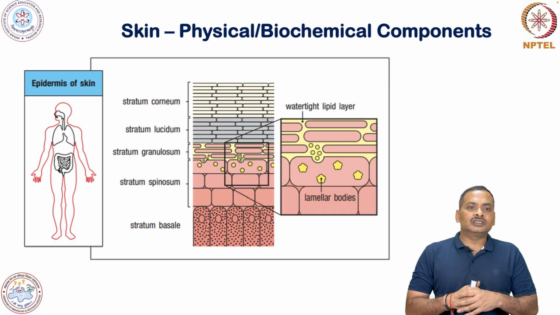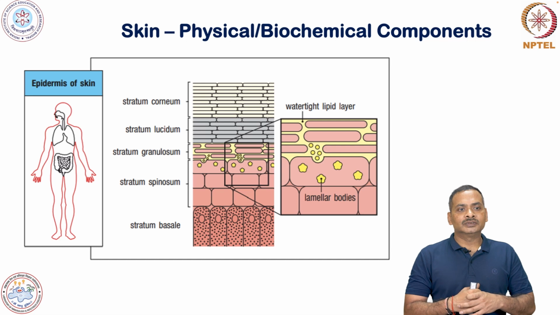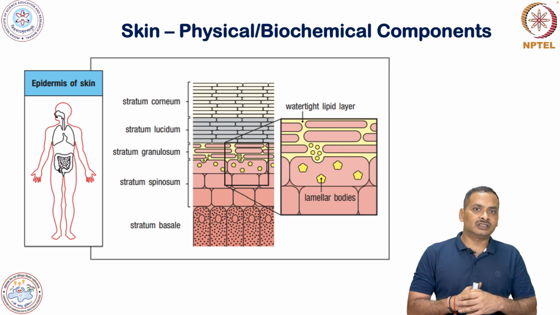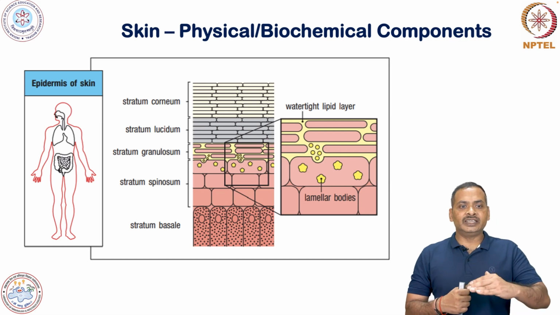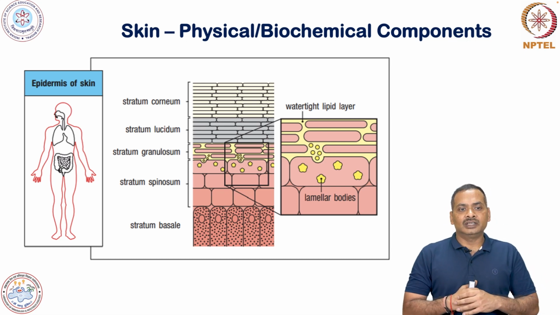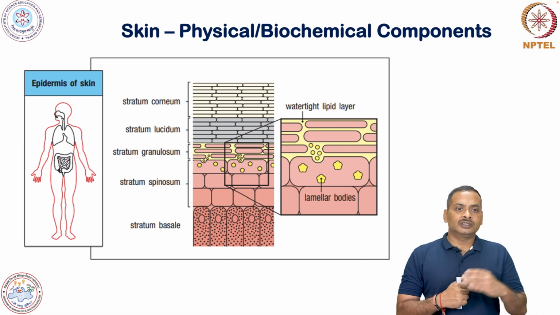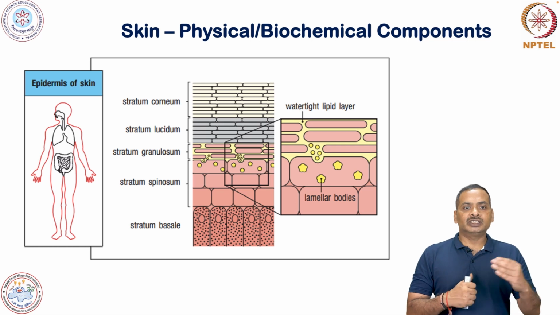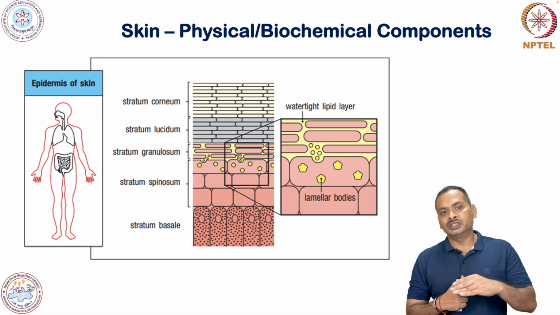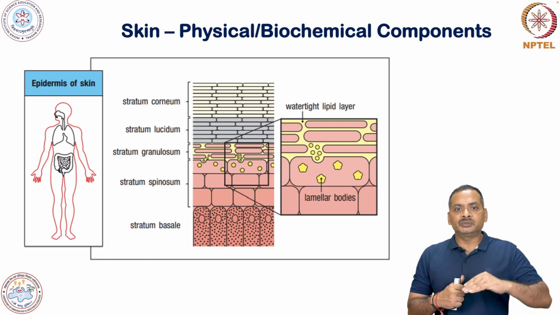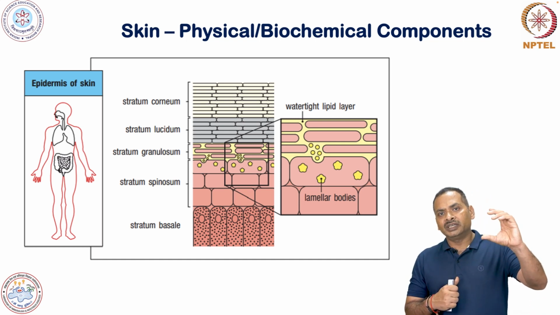Here I will show you the skin, which is one of the largest external organs, and it has several layers. Here you can see the stratum spinosum, stratum granulosum, stratum lucidum, and stratum corneum. This stratum corneum is mainly dead cells.